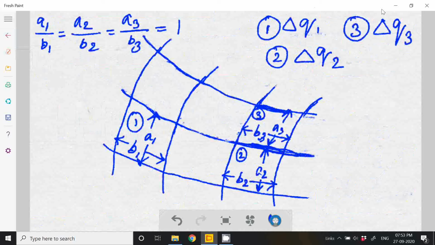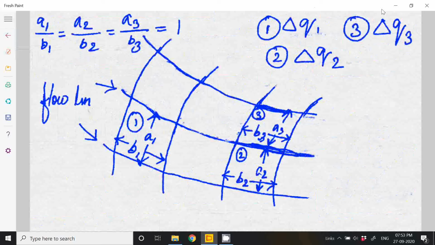So if the flow is constant between these two flow lines, we can say that delta q1 equal to delta q2.